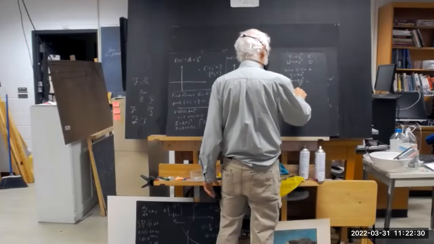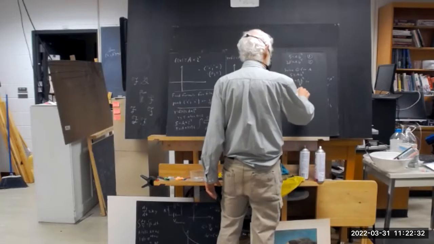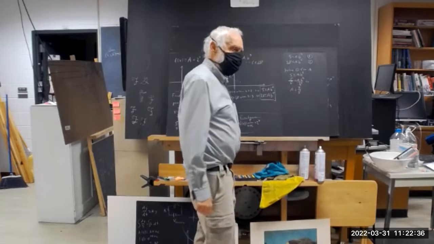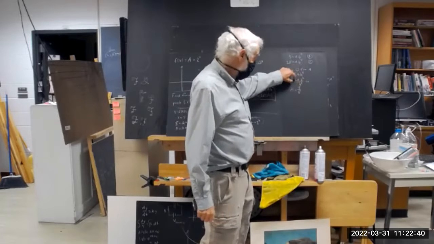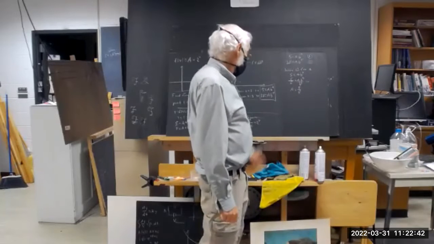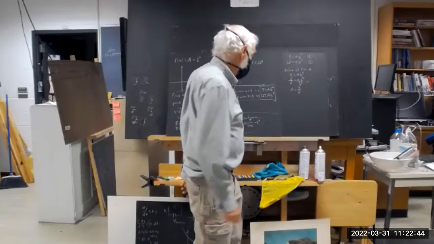So a equals 5 over b squared, because b squared divided by b squared is 1. That just gives you 1 times a. So there we have it.